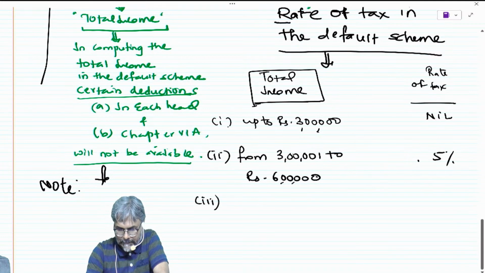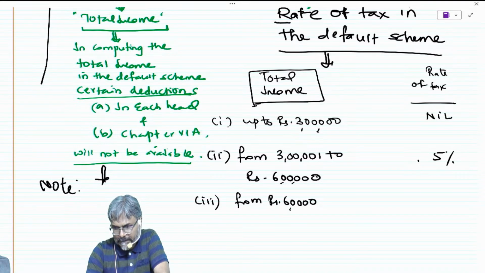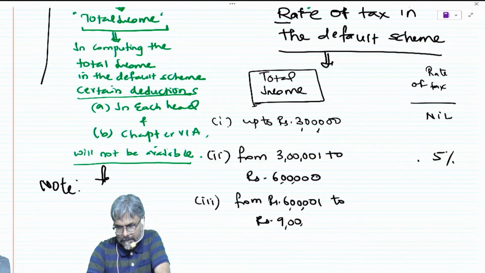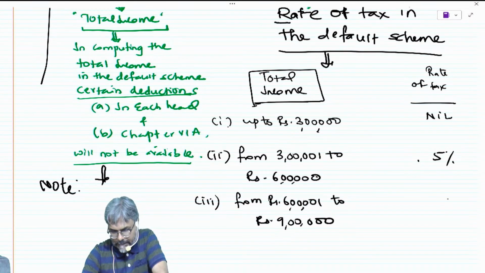Third, from rupees 6 lakhs 1 to rupees 9 lakh, 5% only, students.